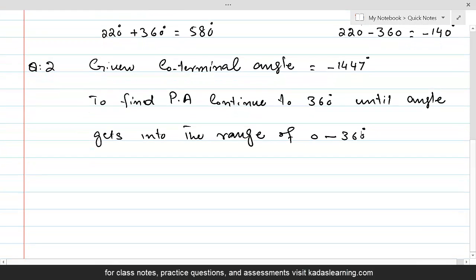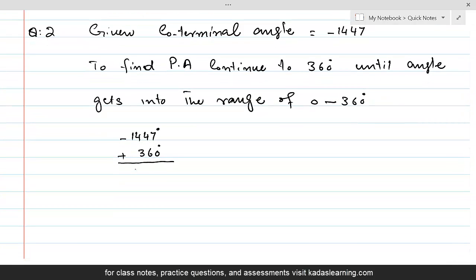So let's continue to add minus 1447 and add 360. If we add 360 to this, we are going to get minus 1087 degrees. But it's still not in the range of 0 to 360.